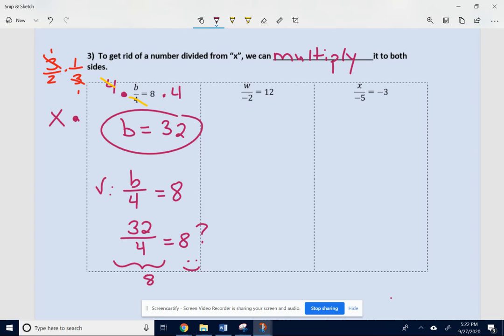The next one, we have w divided by -2 equals 12. To get rid of a divided number, to get rid of the -2 that's being divided, we're going to multiply by -2, both sides.